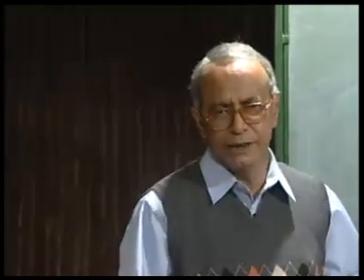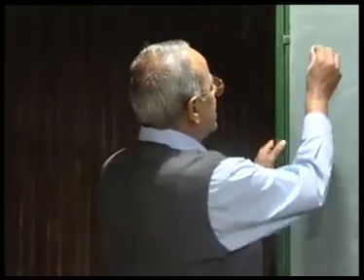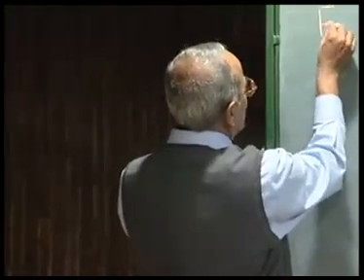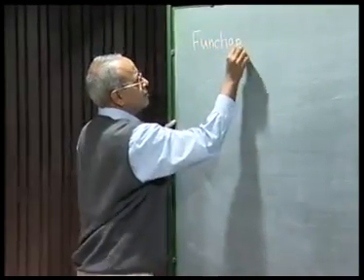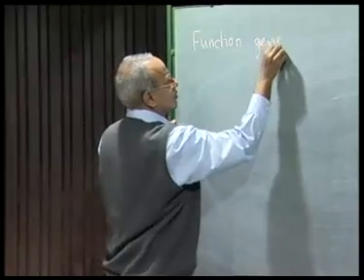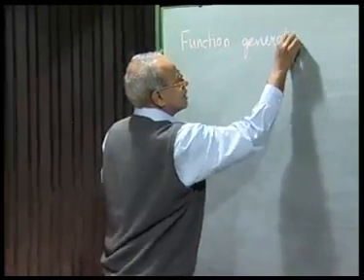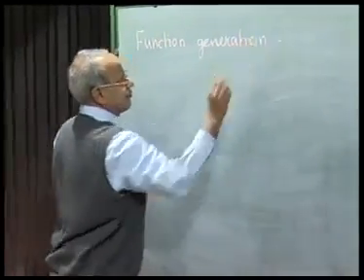Before we finish our discussion on kinematic synthesis by geometric and analytical methods, I would like to point out two things. One is what we have just now discussed, which we call a function generation problem, which is nothing but position coordination.